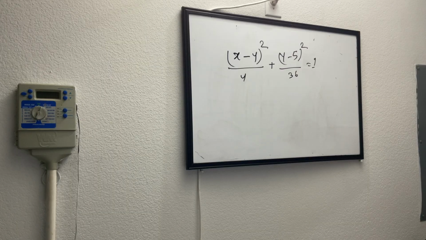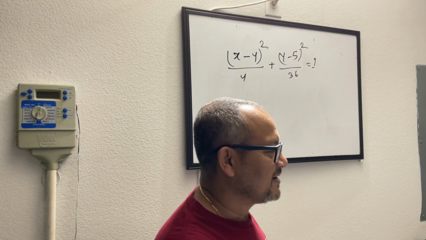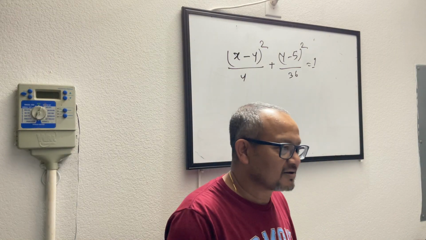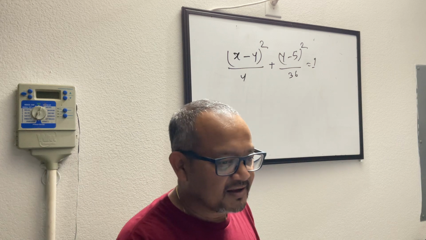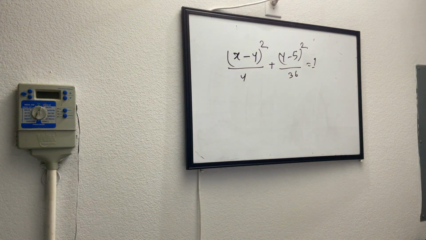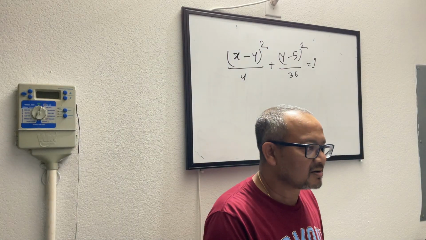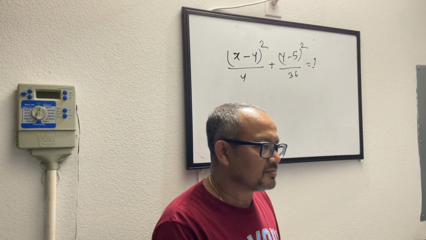No, A is equal to... What is the major radius? What is the minor radius? And what are the coordinates of the center? But if B is greater than A, that means the ellipse is vertical, right? Yeah. Okay.